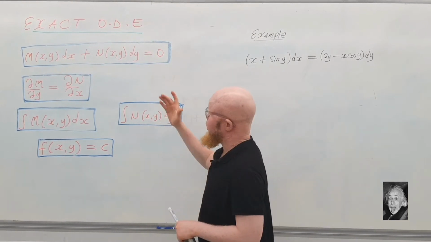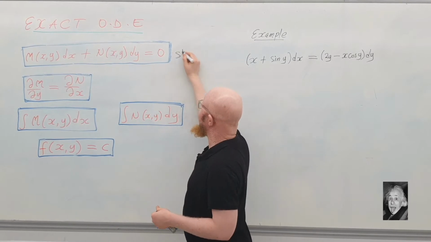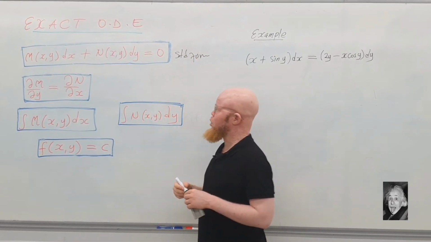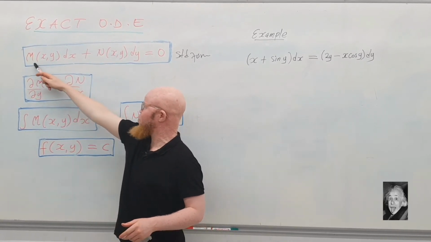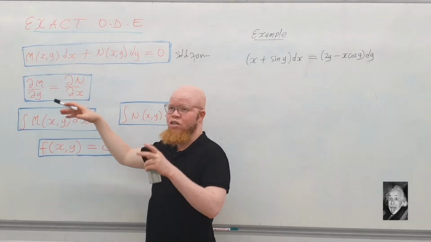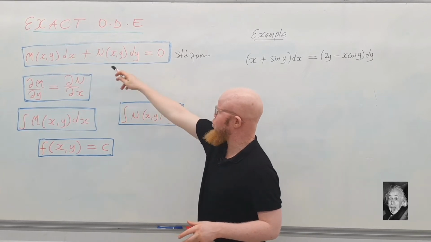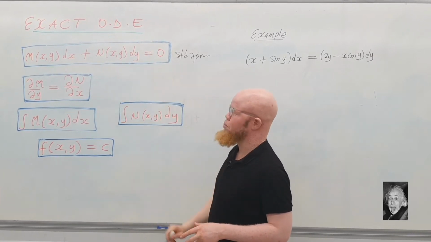So the first thing that you need to know is the standard form. As you can see, you have a function M of x, y, that means a function comprising x and y, dx, plus N, a function of x, y, dy, is equal to 0.